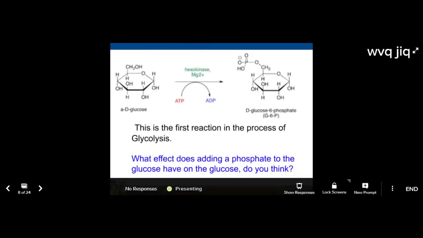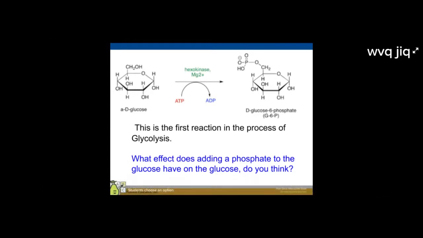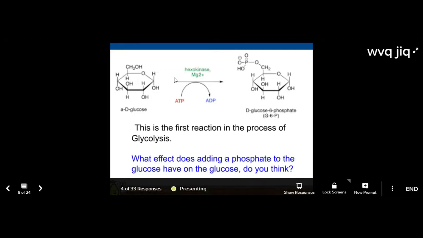This is the first reaction in the process of glycolysis, which you'll learn about next class. What effect does adding a phosphate to the glucose have on the glucose, do you think? So that ATP lost a phosphate, and look where it went. It went right there.